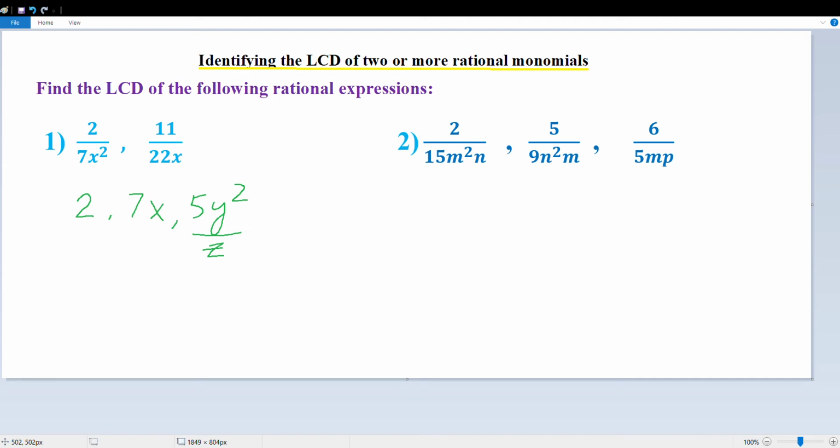So these three can be considered as monomials.